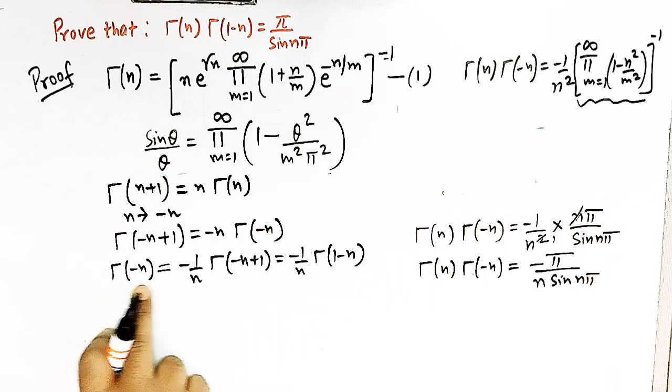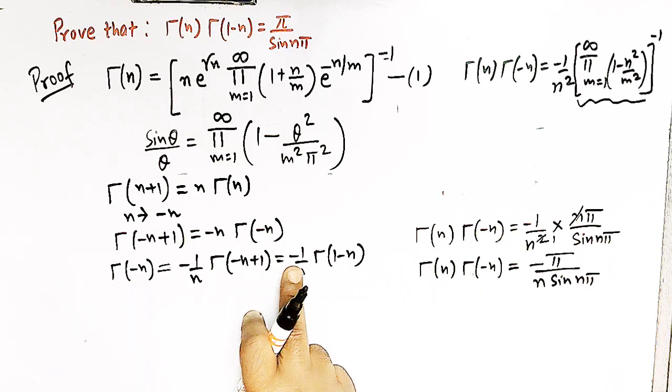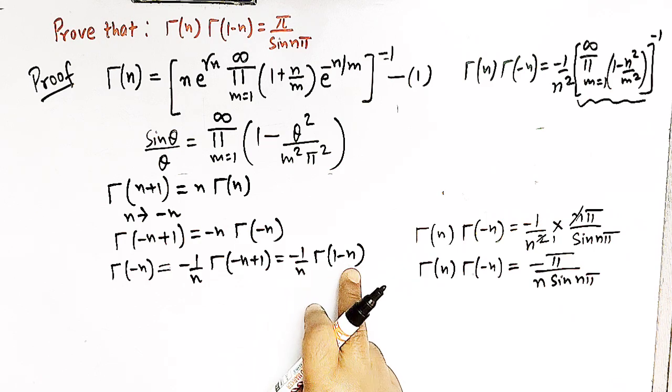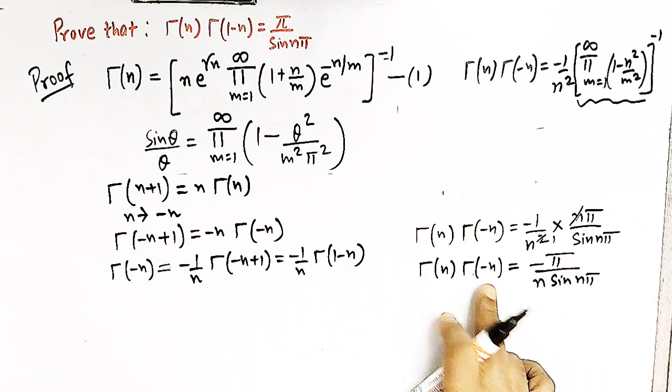So now let us substitute the value of gamma minus n equal to minus 1 over n gamma 1 minus n in this expression.